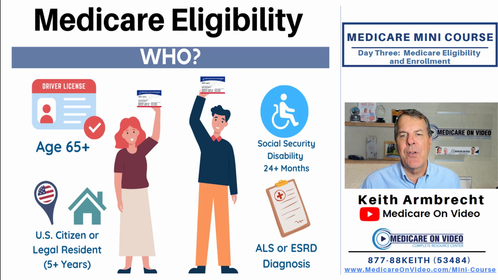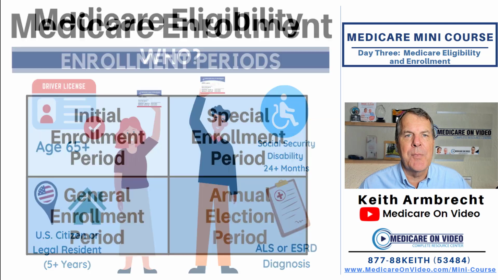So if you're on Social Security for disability for 2 years, you then become eligible for Medicare. So that's for people that are on disability under age 65, or you could have ALS or end-stage renal disease. Let's hope we're not talking about that, but that is what makes you eligible for Medicare, is really those circumstances.